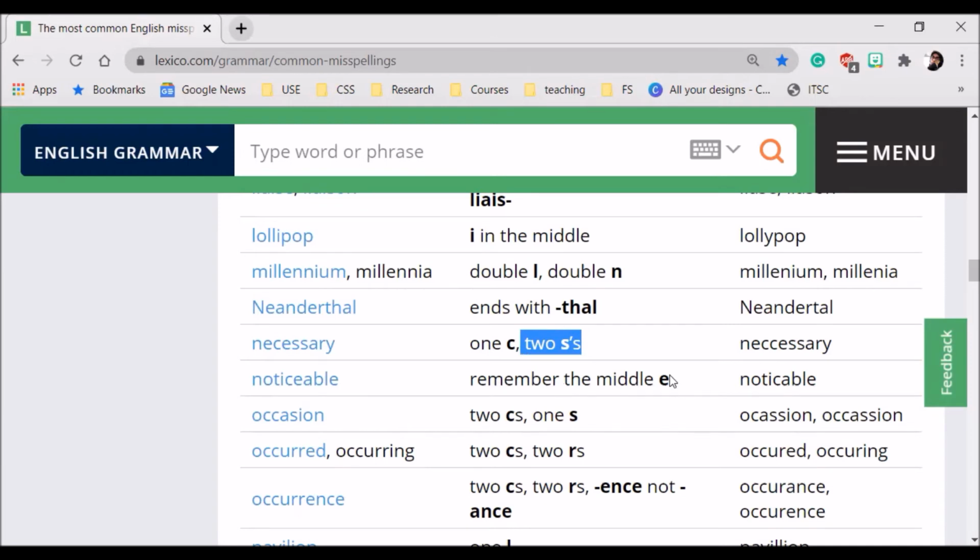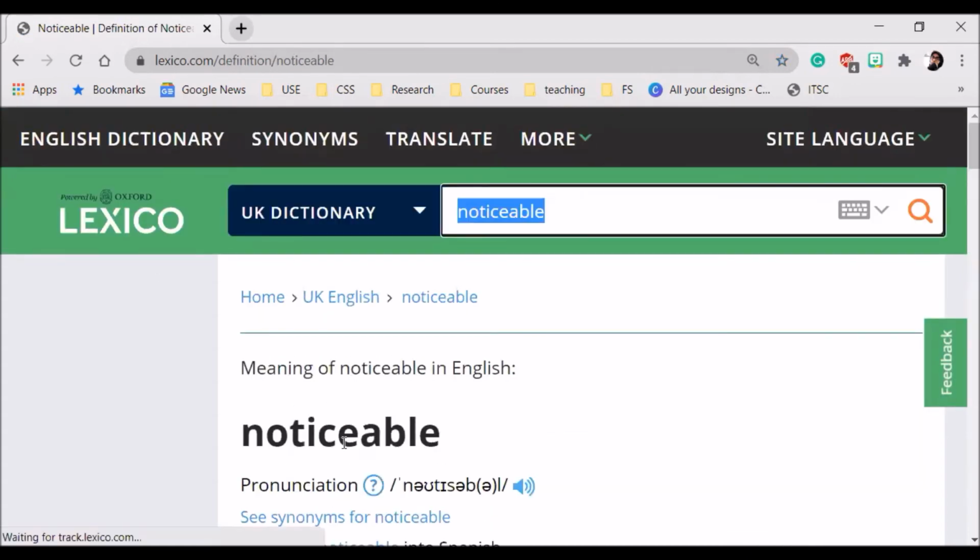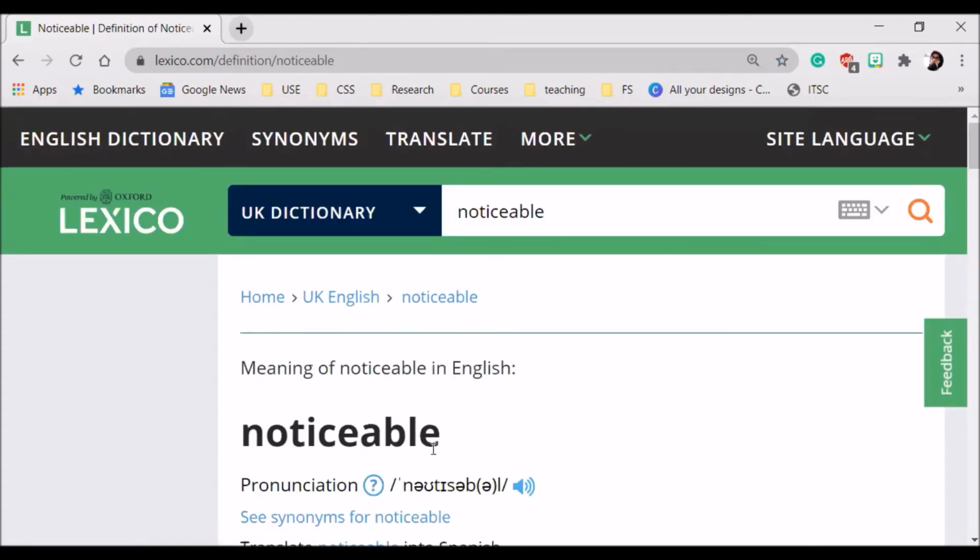Remember the middle E. So we have a complete spelling for notice, and then we have able.